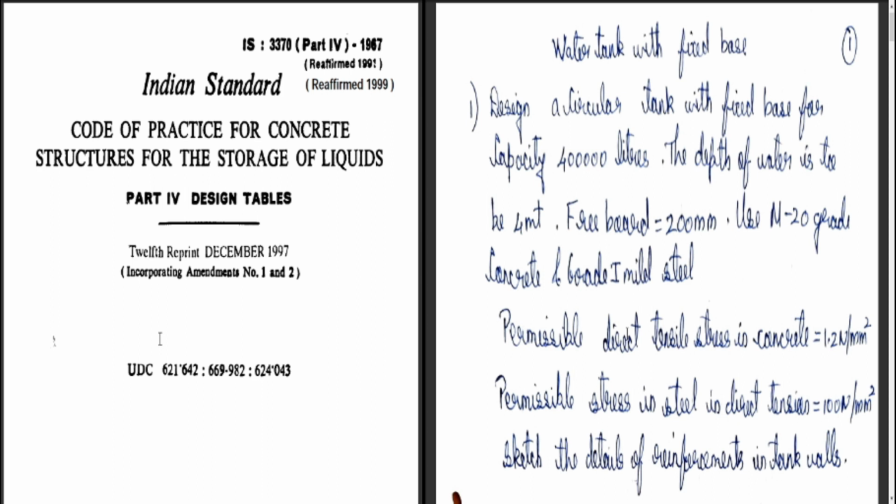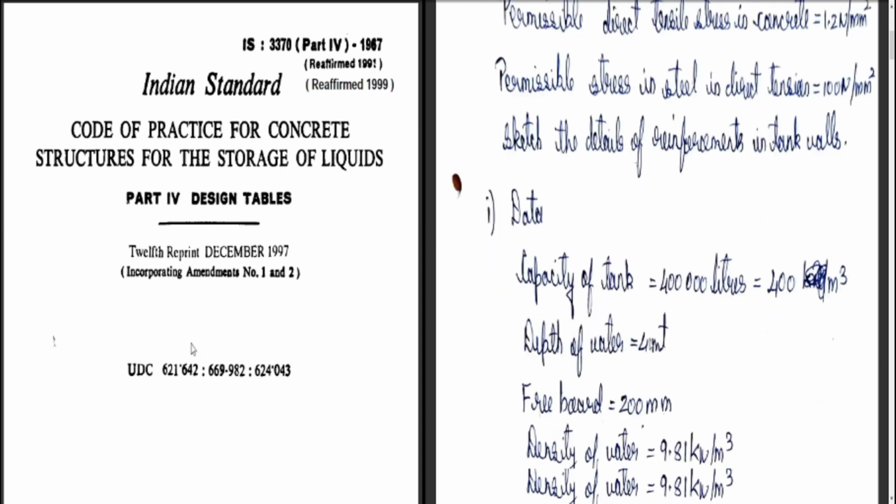So let us see. The question taken up is, design a circular water tank with fixed base for a capacity of 4 lakh liters. The depth of the water is to be 4 meters. Freeboard 200 mm. Use M20 grade concrete and grade I mild steel.